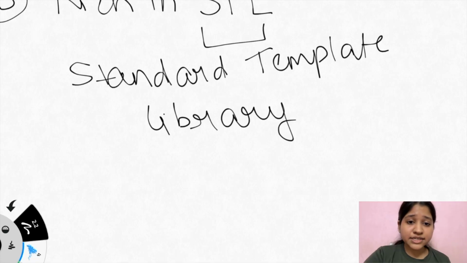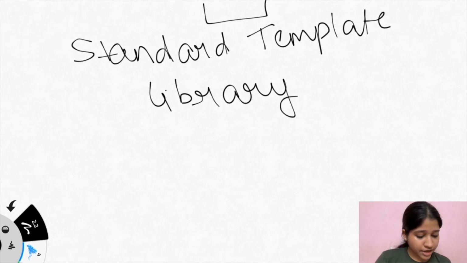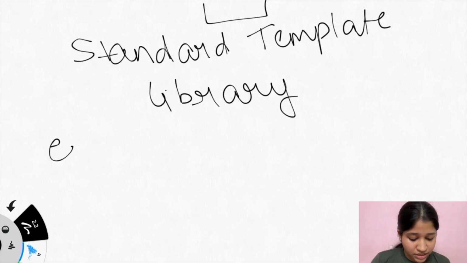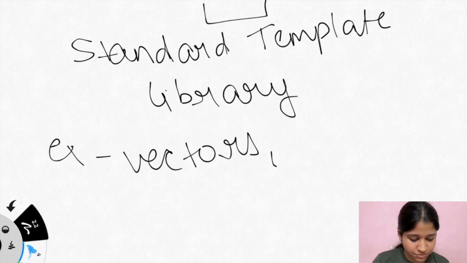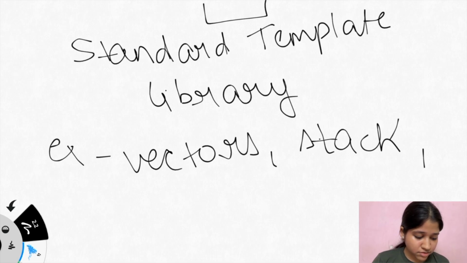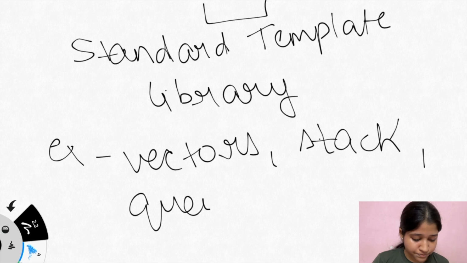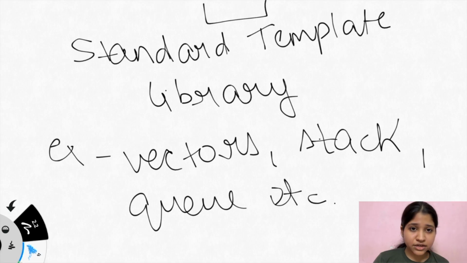It has ready-made data structures and algorithms. So instead of creating everything from scratch, we can use the ready-made things. This includes vectors, stack, queue, and many more data structures. So we can directly use them.